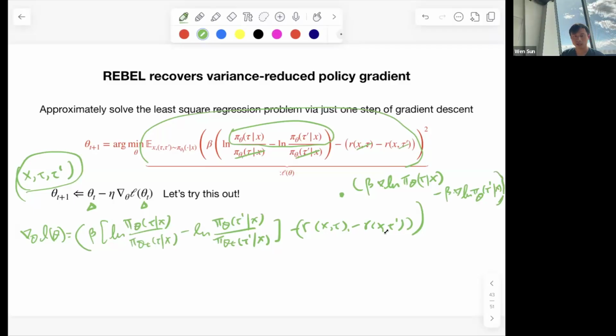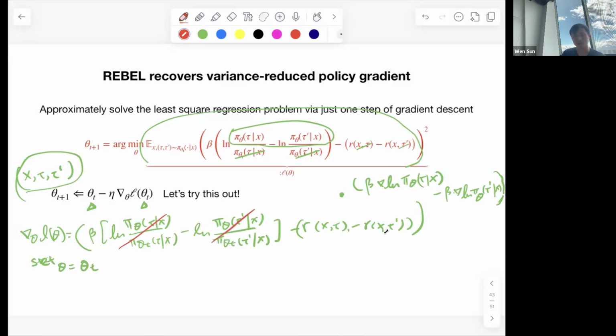That's the gradient. Now what happens if I set theta to be equal to theta t? I want to compute the gradient at the place where I were, which is theta t, and then do gradient descent. It's just plugging theta t into the gradient expression. Now I claim that if you do this, this guy goes away, because the ratio of the two policies is going to be 1 if you replace theta by theta t.